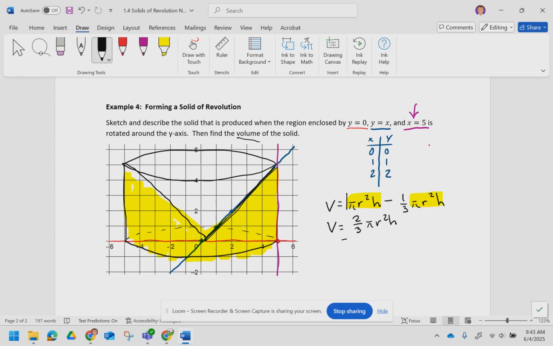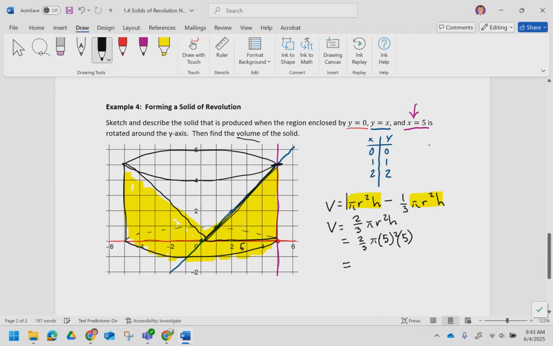And now we can go ahead and substitute in our values. The radius of this was 5. And the height of it, going up to there, was also 5.